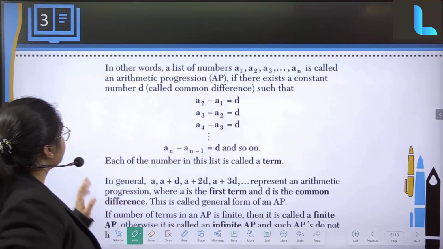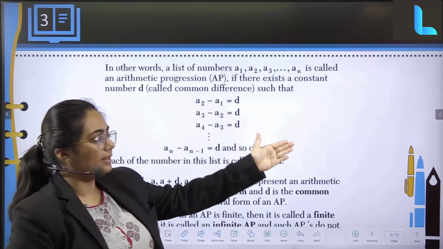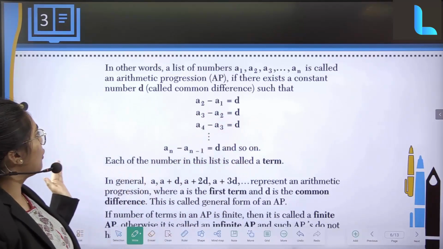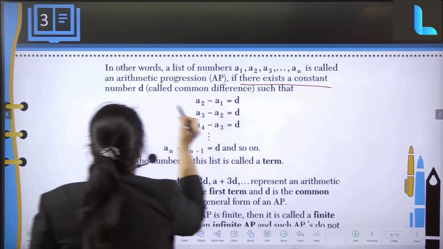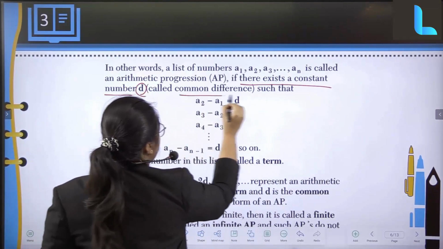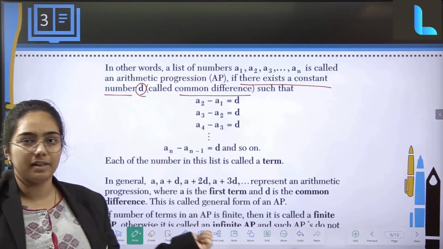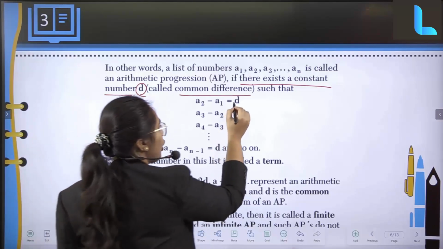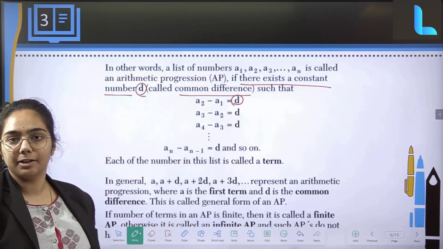So next, in other words, a list of numbers A1, A2, A3 up to AN is in arithmetic progression if there exists a constant number D, which is called the common difference, which we just saw in the previous slide. So how do we get this common difference? I showed you in an example, term 2 deducted by term 1.